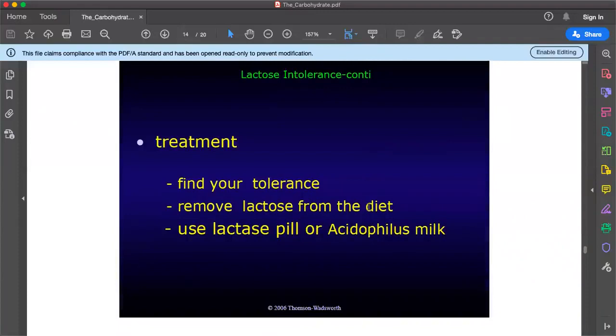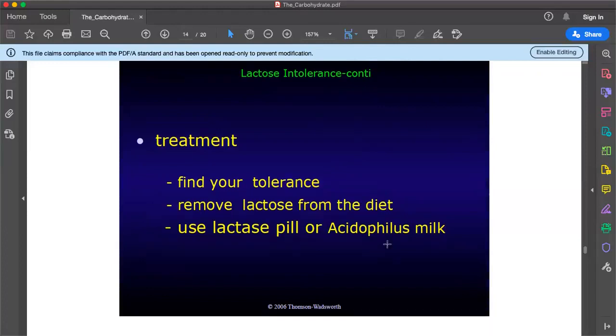But how can we treat that? You either know how much dairy product you really need, so you can know your limit, or you can totally avoid it. You can sometimes use lactase pills or acidophilus milk, which contains a type of bacteria.